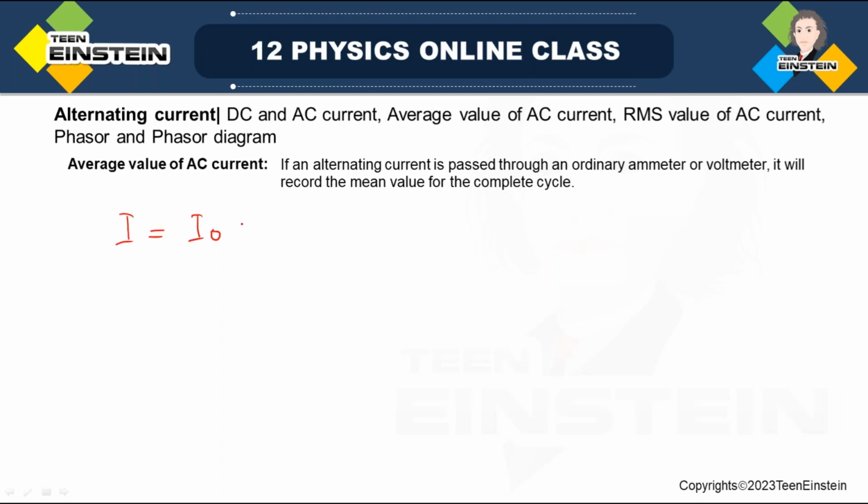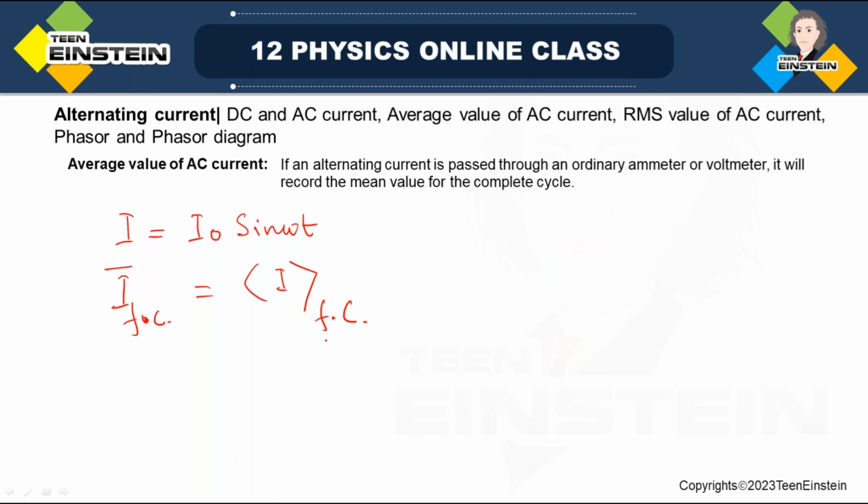Suppose instantaneous current I is equal to I0 sine omega t. I have to take the average of it. Mathematically, I average for a full cycle, also denoted by I bar, I'm writing as FC, full cycle.